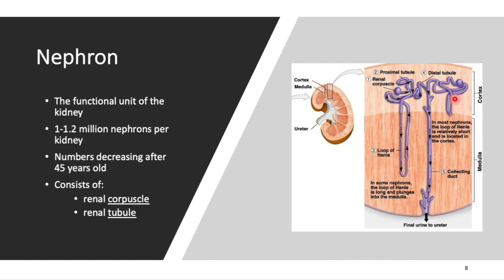Another difference between superficial cortical nephron and juxtamedullary nephron is the location of the loop of Henle. The superficial cortical nephron has a shorter loop of Henle, and the loop of Henle is located in the cortex. Whereas for juxtamedullary nephron, the loop of Henle is long and plunges into the medulla.